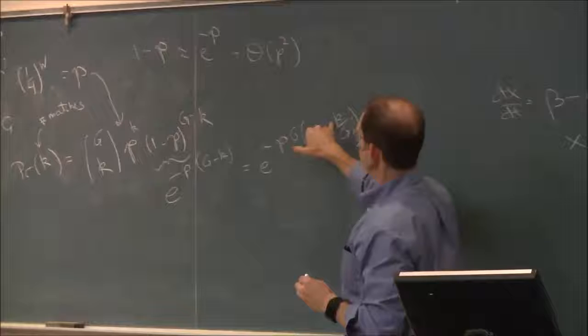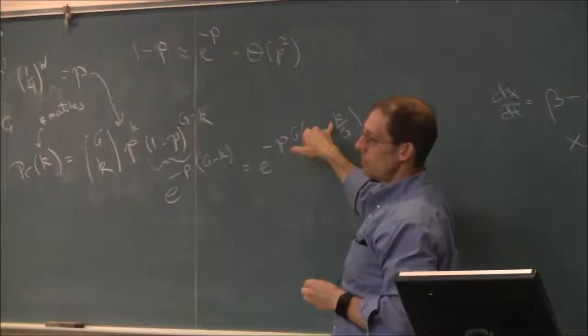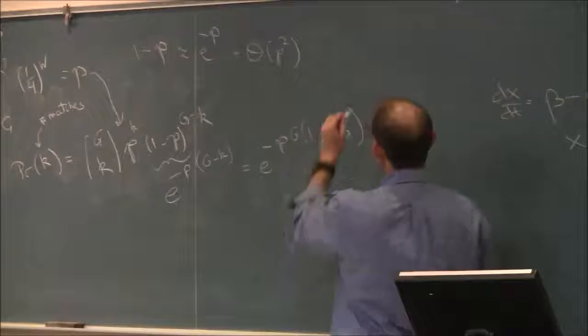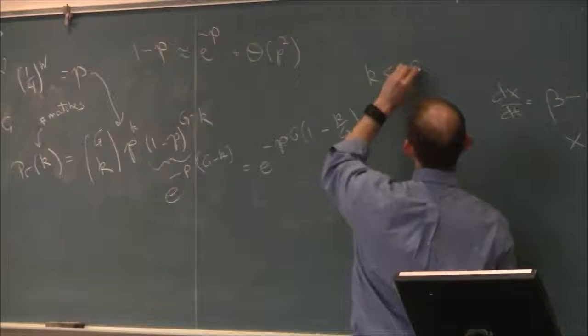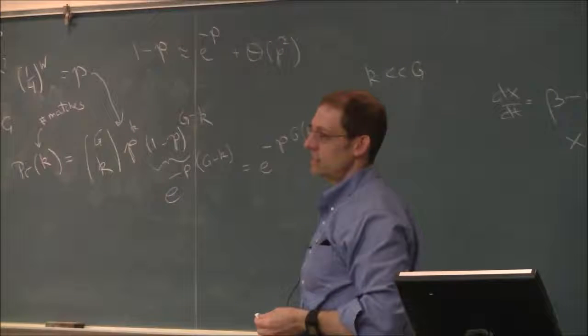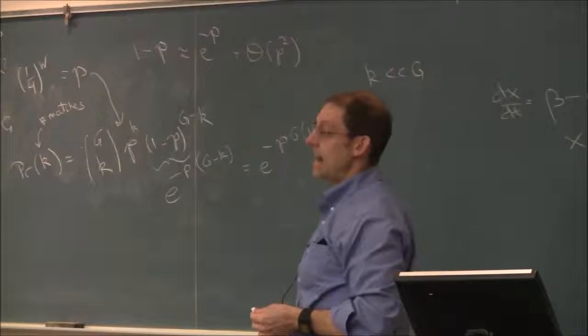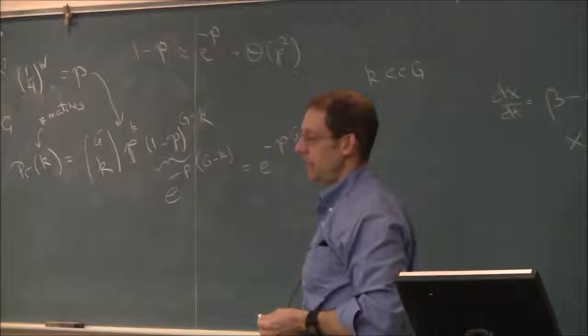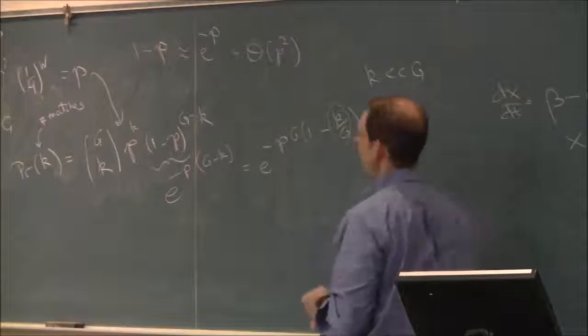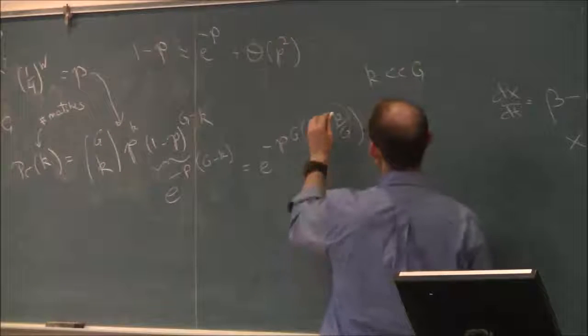And then we want to be in the situation where we don't have many hits. If we have a lot of other hits, we're in trouble. So we want K to be much less than G. If we got hits on the order of the genome size, then this transcription factor would be binding everywhere. So we don't want that. And so we'll ignore terms of order K over G also.